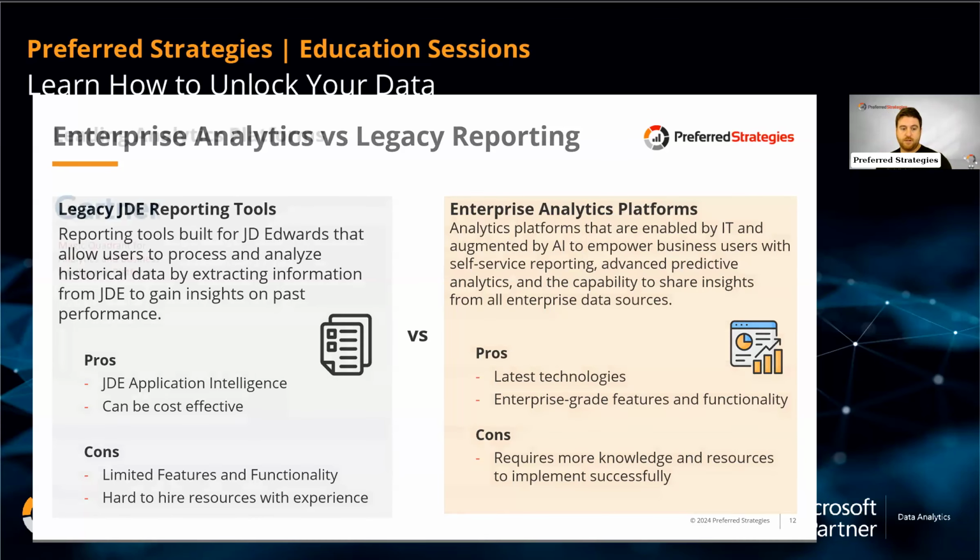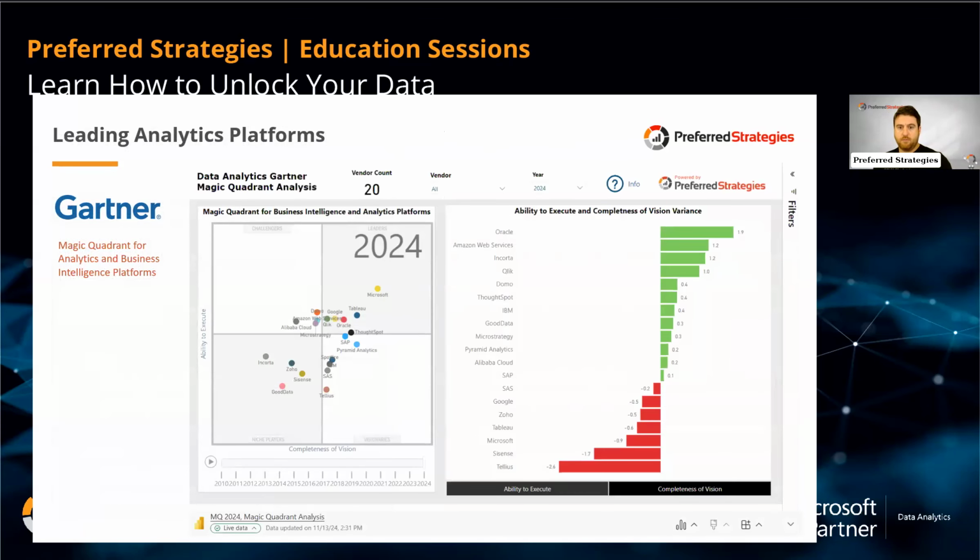And the next slide I wanted to jump into really tracks the Gartner Magic Quadrant for analytics and business intelligence platforms. Many of you are probably familiar with this, but this is an interactive version of the Magic Quadrant that I built using Power BI in order to track the historical trends of these vendors over the years.